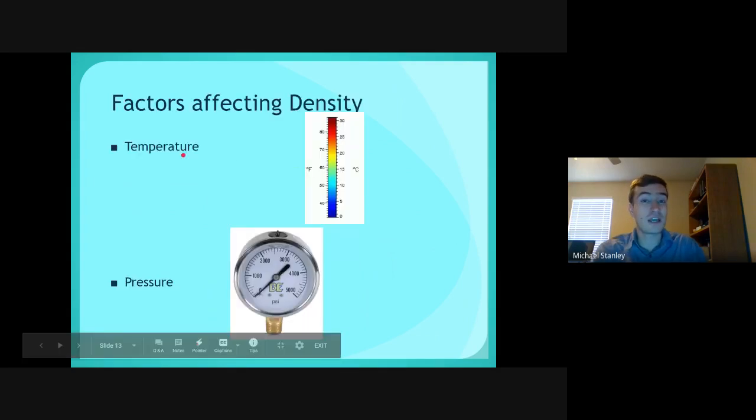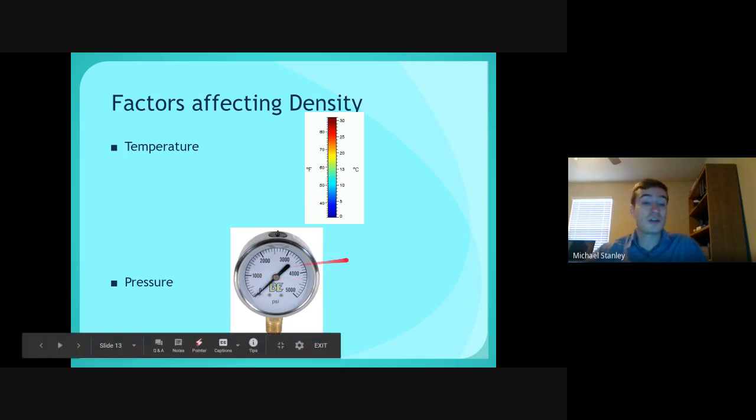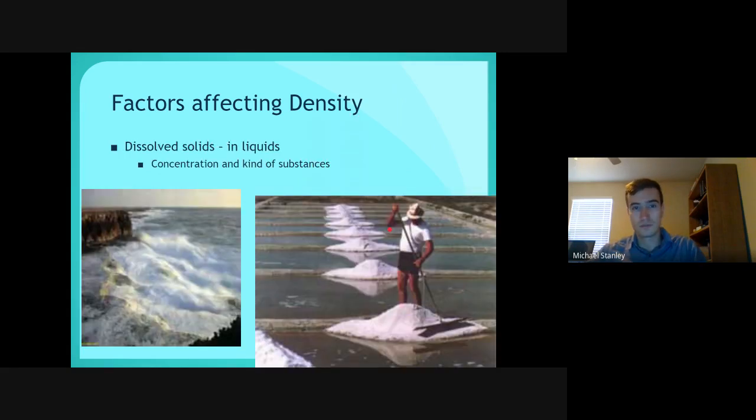There are some other things that can affect density. We've already talked a little bit about temperature. In general, the warmer that things get, the less dense they are, whereas colder things tend to be more dense. Pressure can also affect density. Usually, if you increase the pressure of a container that some substance is in, you can make it more dense. You can fit more substance in there if you up the pressure.